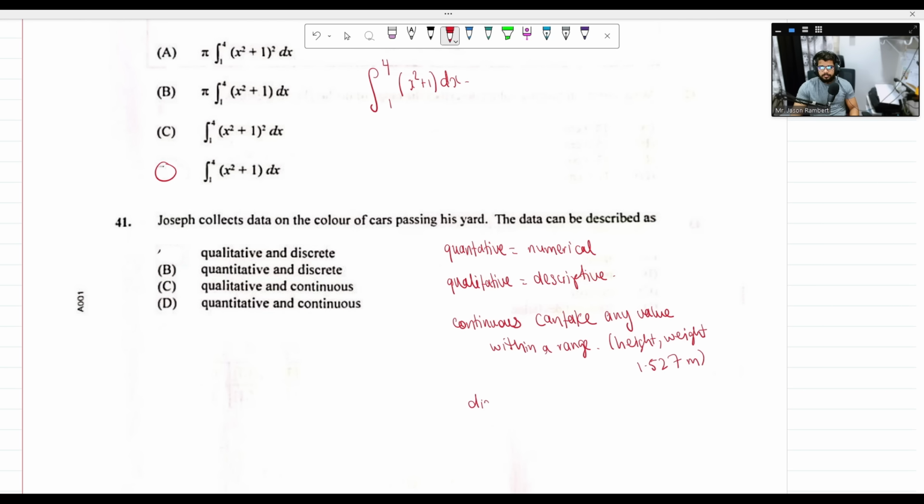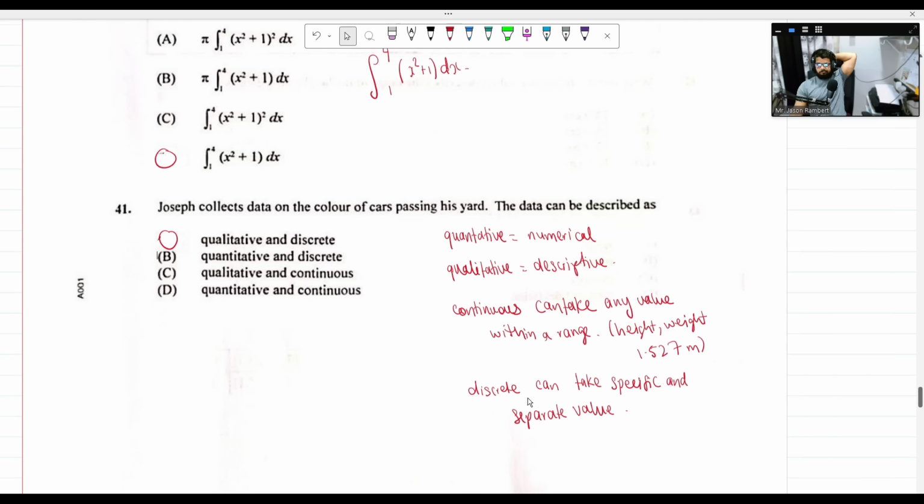And discrete can take specific separate values. Usually we will take discrete data to be whole numbers, like number of children, things that cannot be separated into points. So by listing all of these definitions for the data, it's going to be both qualitative and discrete.